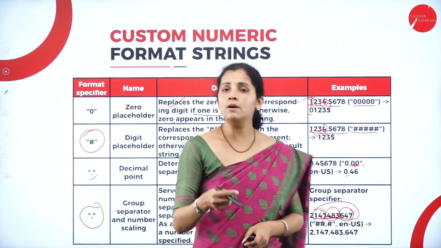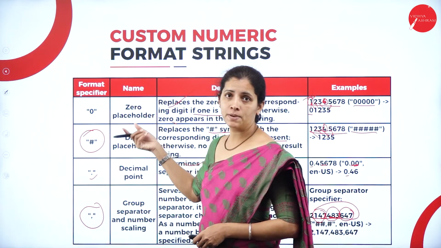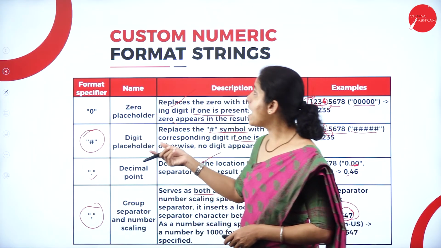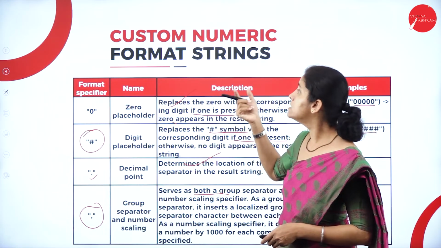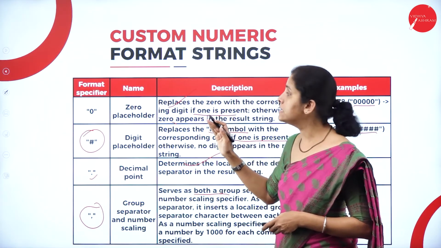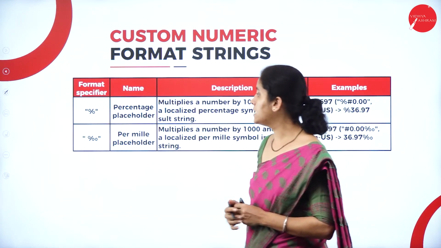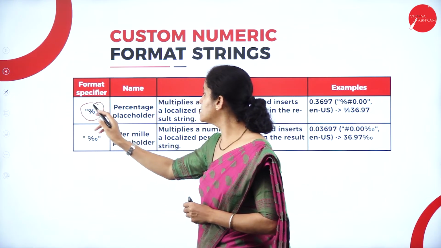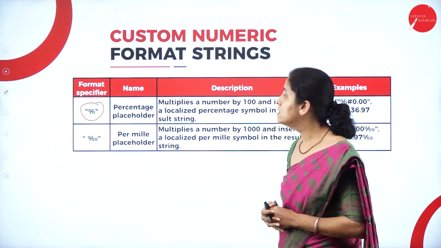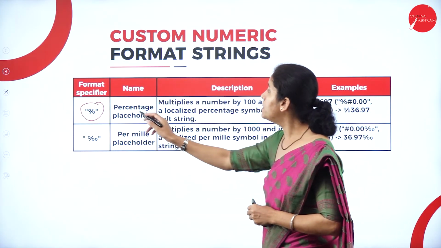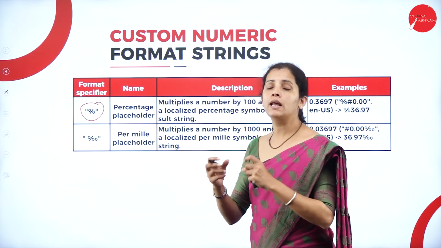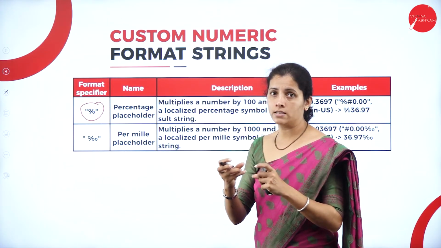So these are some of the format specifiers we can have in our custom numeric format strings. Along with this, I have two more, that is percentage placeholder and per mille placeholder. So percentage in the sense what? To represent percentage wise. Okay.